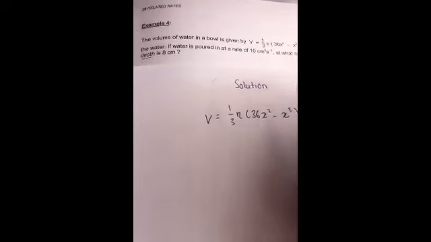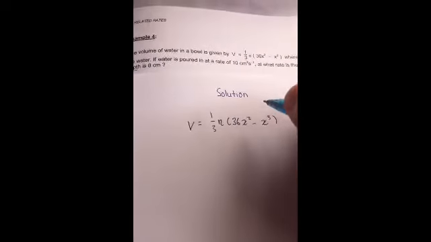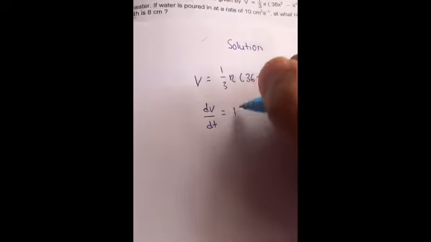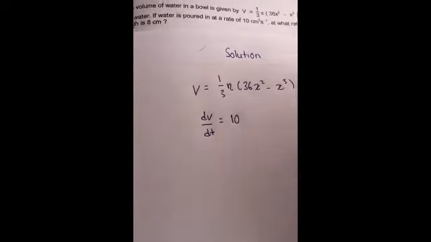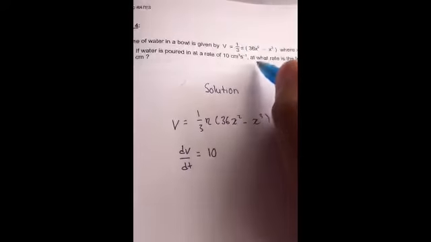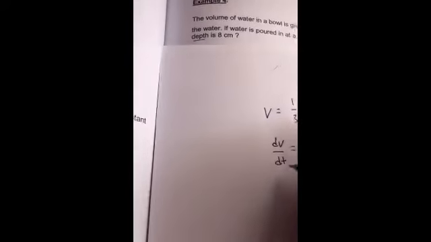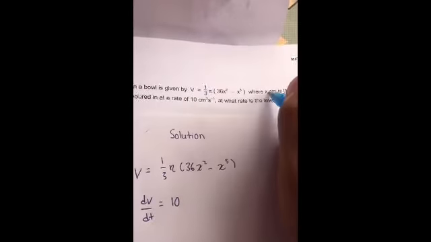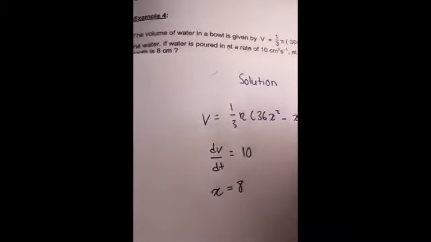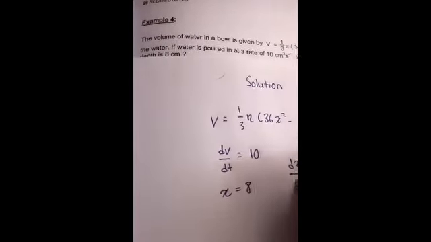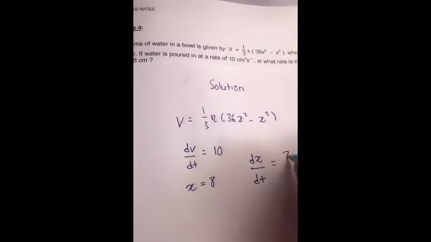If water is poured, the volume increases over time, so dV over dt is positive, 10. And the last one: at what rate is the level rising when the depth is 8 cm? We know that x equals 8. What we want is the rate of x over time, dx over dt.